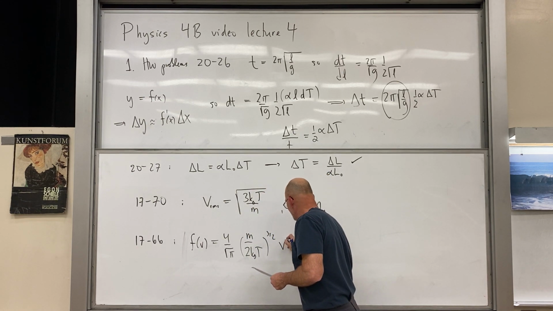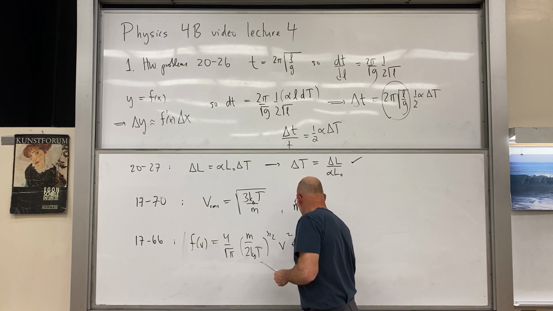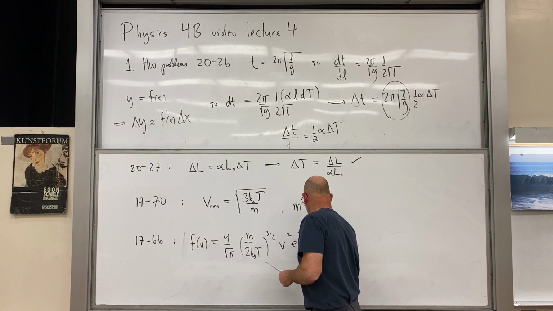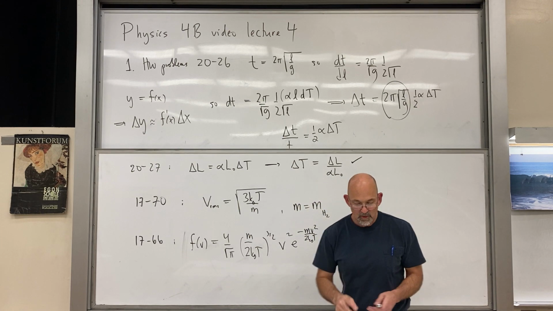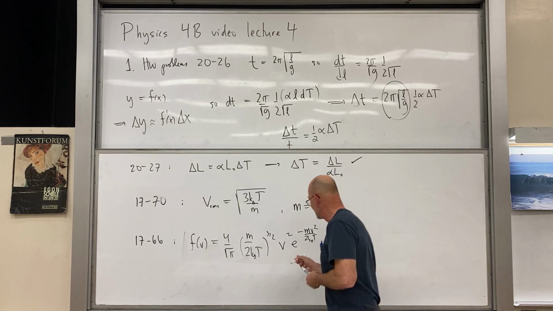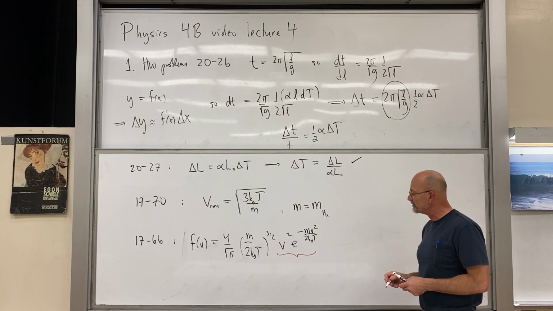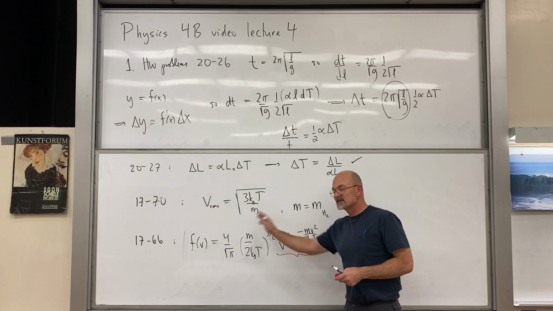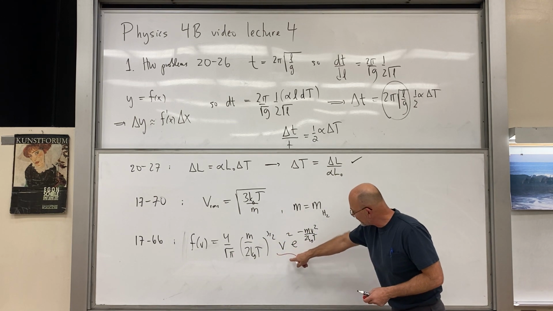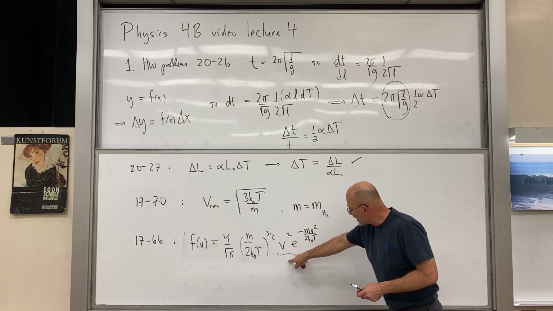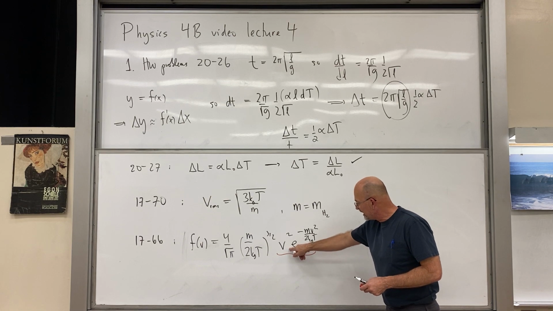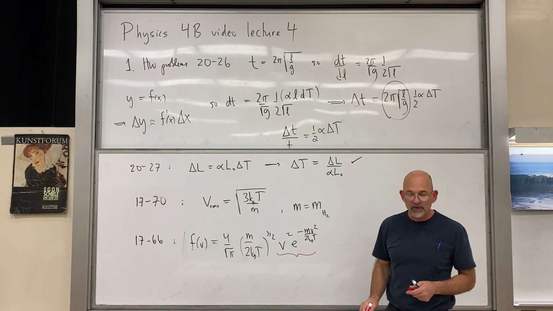And then what's important, V squared e to the minus mv squared over 2 K Boltzmann temperature. So it's really this thing that you have to differentiate with respect to V. Those factors in front don't matter. You have to differentiate this object right here with respect to V and set the derivative equal to 0.